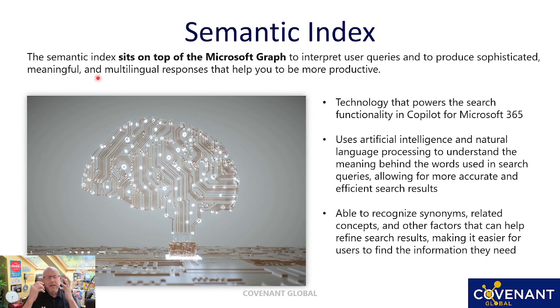Semantic index. You need to be aware of this. What it is is an index of the data that sits within your Microsoft 365 tenant today. The moment you upload a file into the cloud, if it's indexable like a Word document, the semantic index searches through the content and finds like information, and it's related.